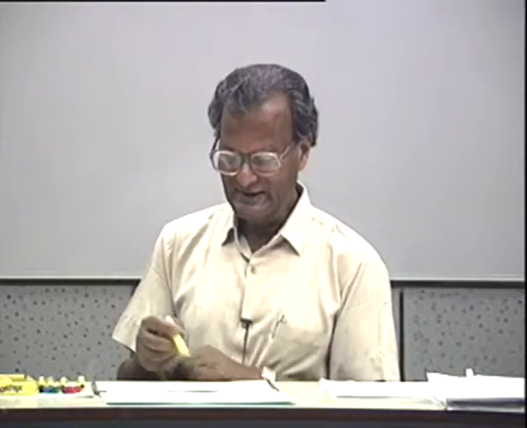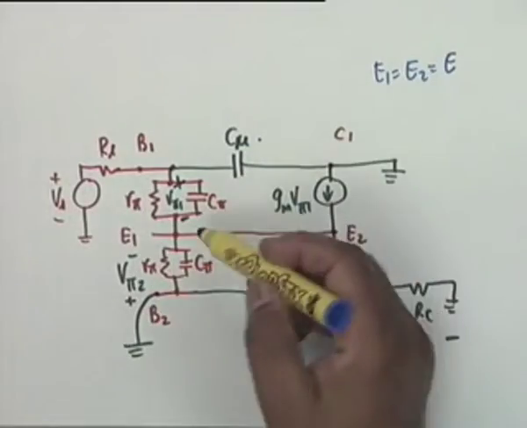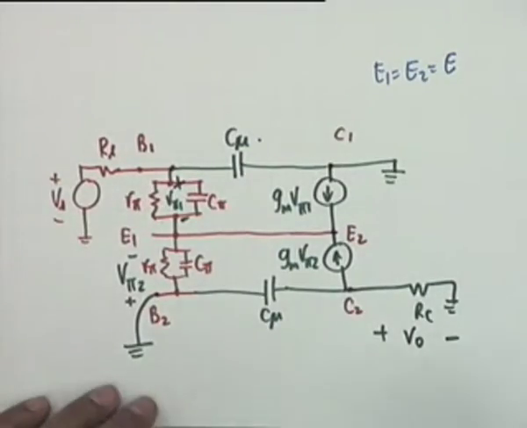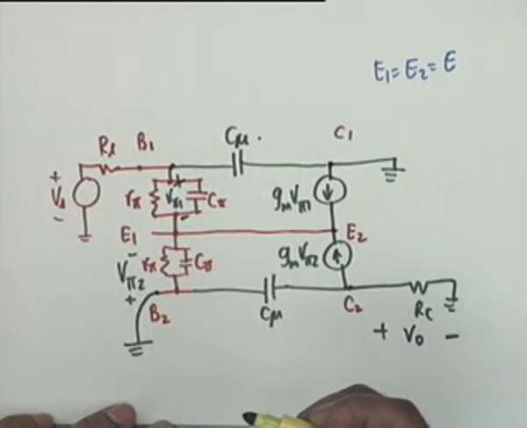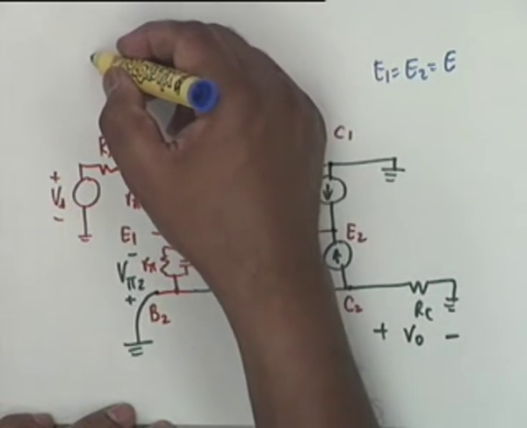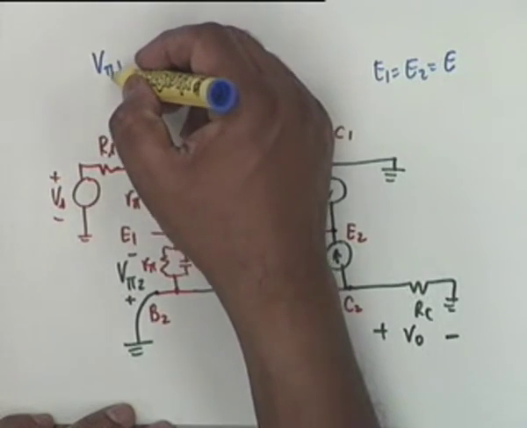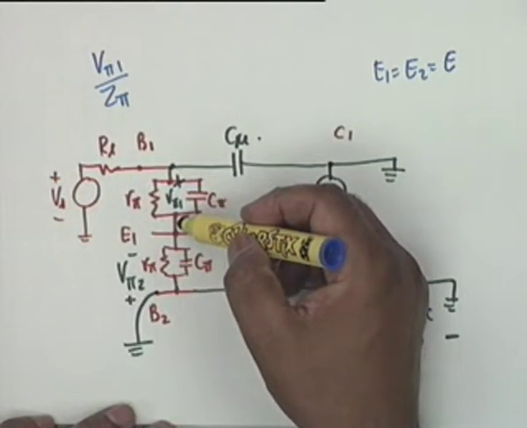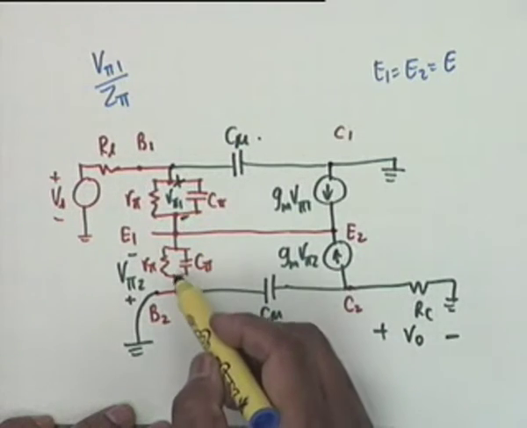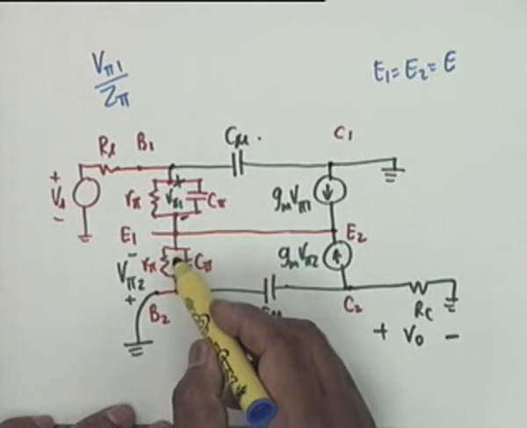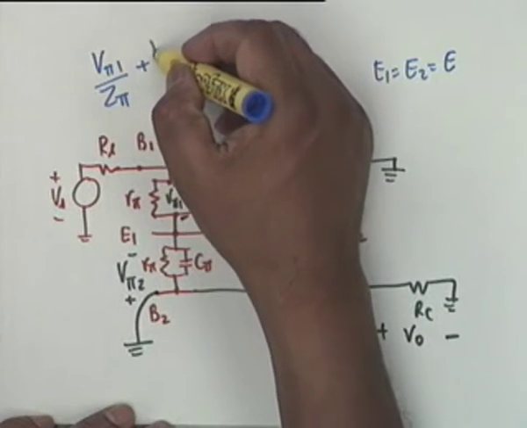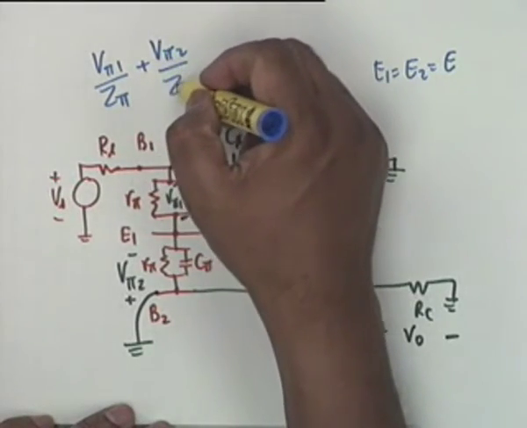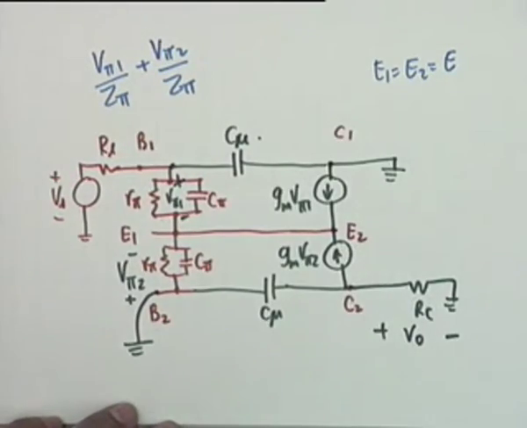Okay. If I write a KCL at the node E, then I have to take care of one source, which is V pi 1 divided by Z pi. Okay. This is a current coming in. The other current coming in is V pi 2 divided by Z pi. So plus V pi 2 divided by Z pi. Alright.